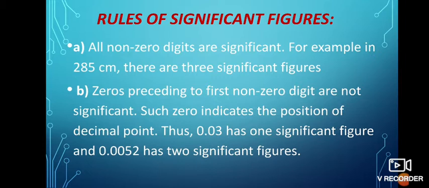Second rule, zeros preceding the first non-zero digit are not significant. Such zeros indicate the position of the decimal point. For example, in 0.03, there is only one significant figure, and in case of 0.0052, there are two significant figures.